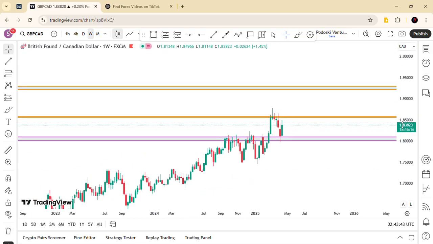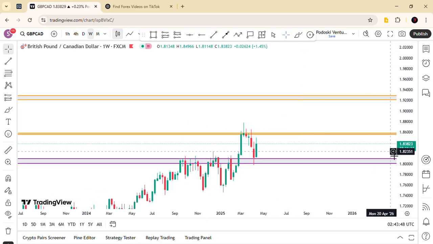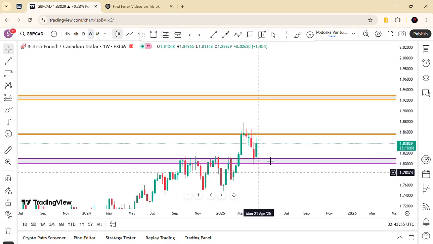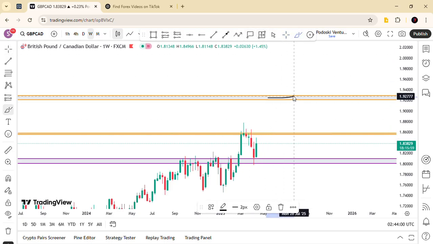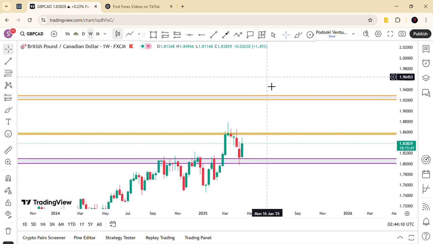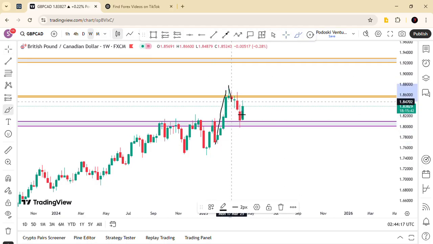So here we are on the weekly time frame on GBP CAD. You could see we have about 18 hours for this week's candle to close, and we are seeing a very nice reversal pattern on the weekly time frame. But before that, I have my weekly upper zone here and my weekly midway zone. And on GBP CAD, just like what I said on the monthly, price broke out of the monthly upper midway zone, and now there's a retest.